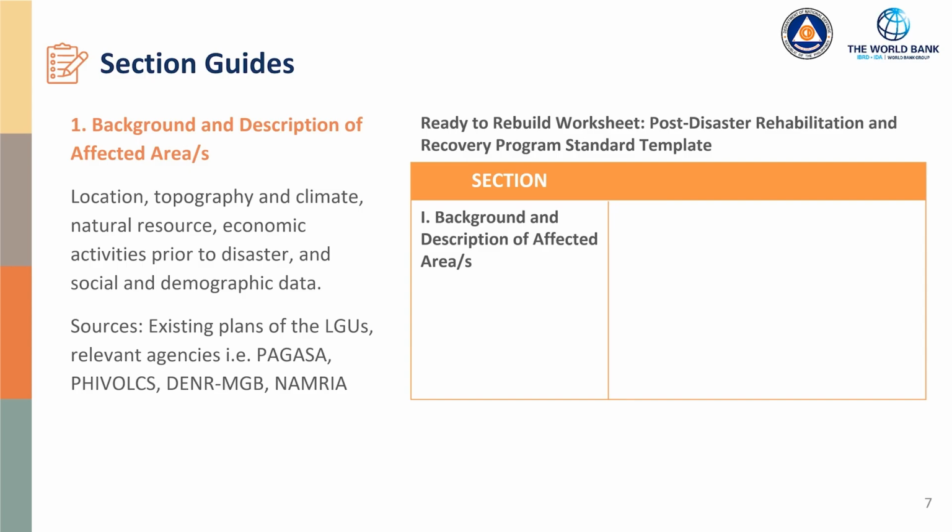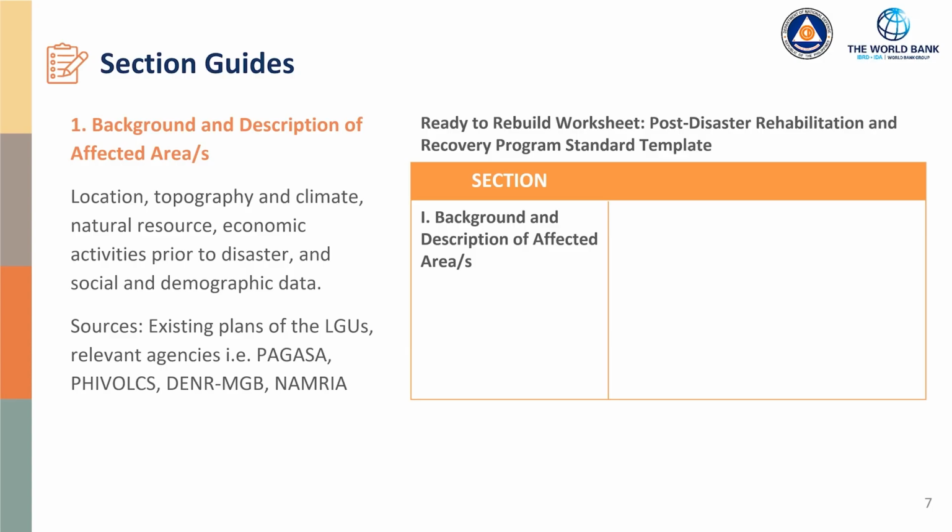So the first step involves the background and description of the affected areas. What does this cover? This covers the location, topography and climate, natural resources, economic activities prior to the disaster. We're referring to pre-disaster situations or conditions of the communities, and social and demographic data.